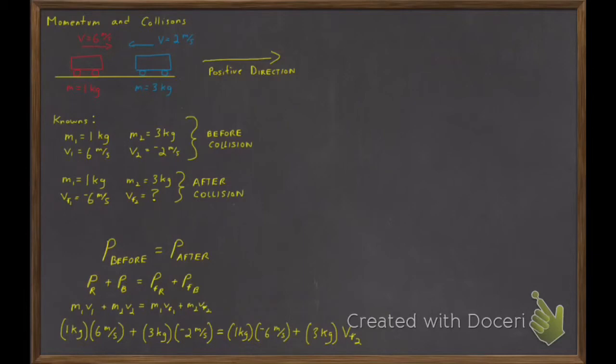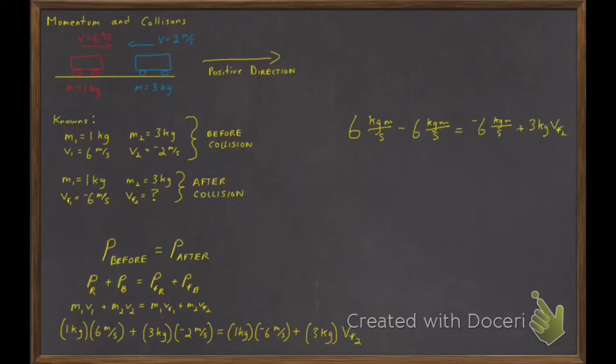Alright, so we can see that we have 6 kilograms meters per second plus a negative 6 kilogram meter per second equal to a negative 6 kilogram meter per second plus a 3 kilogram VF2.